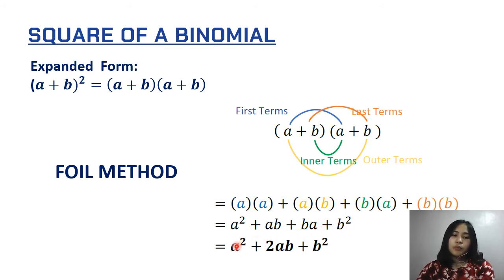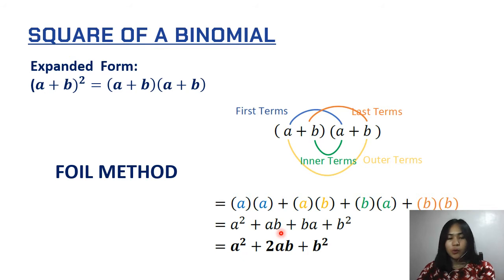Now, if we use this one, as you can see, we have common terms, or like terms. What are the like terms? We have here ab and ba, because if you reverse ba, it can also be ab.